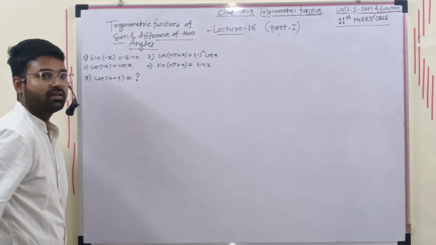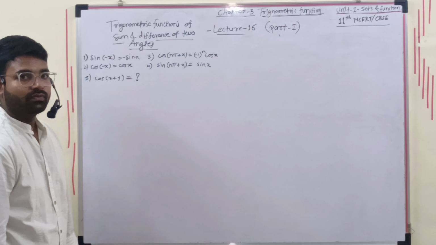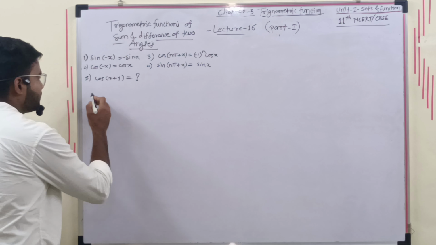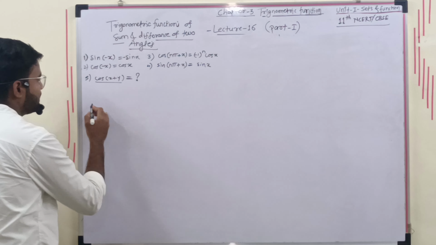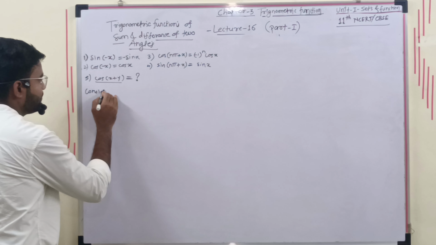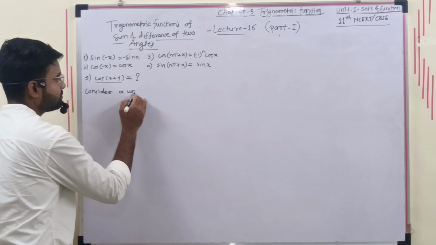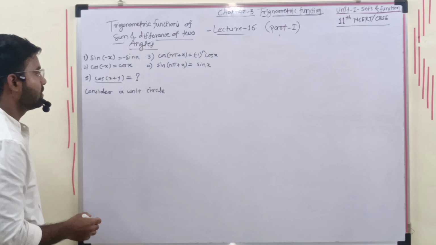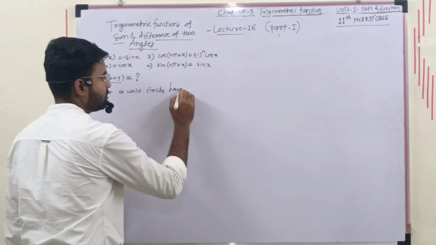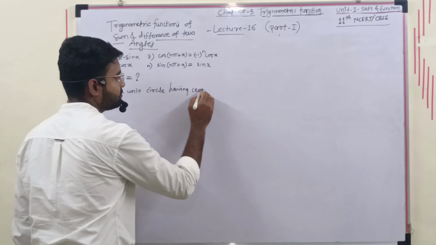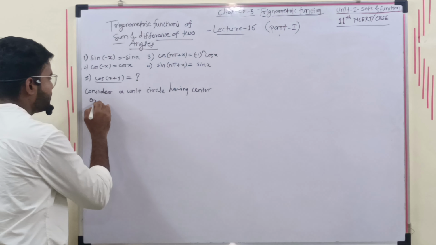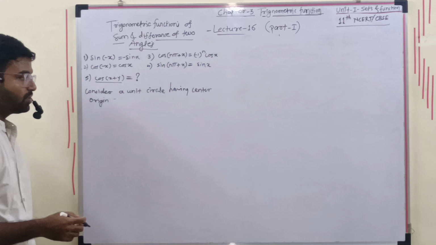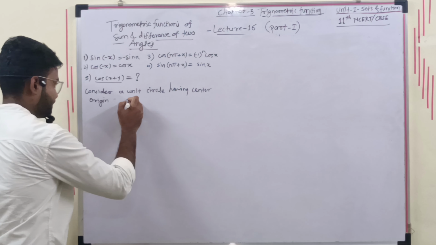Suppose we don't know this formula. So how to evaluate this? Consider a unit circle having its center at the origin of the Cartesian system.